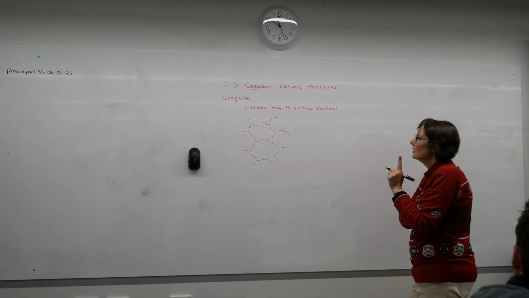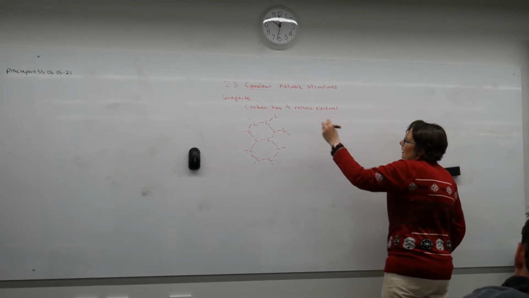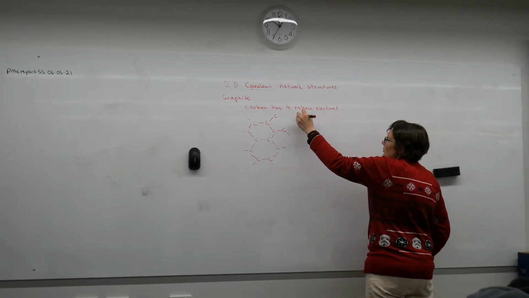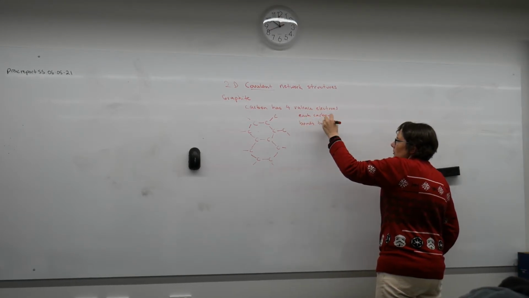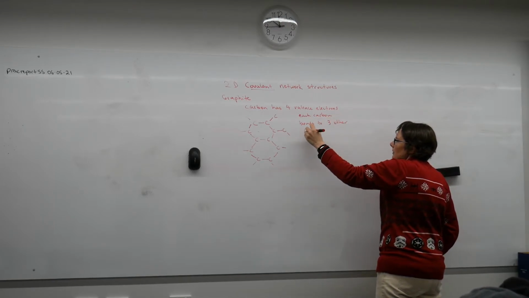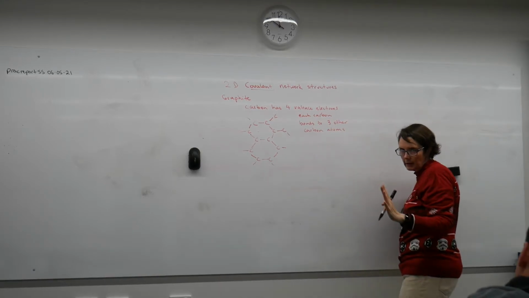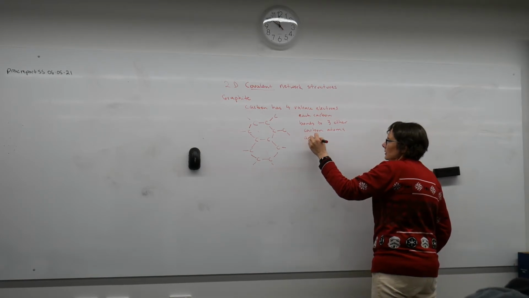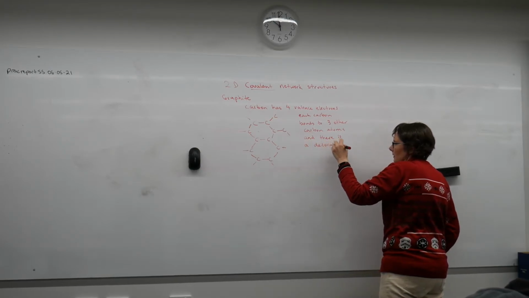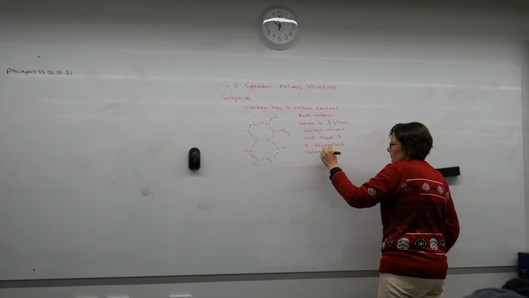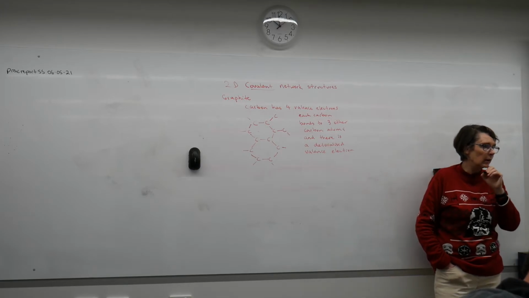And so with graphite, even though the carbon has 4 valence electrons, each carbon bonds to 3 other carbon atoms in this hexagonal arrangement, and that last valence electron is delocalized.